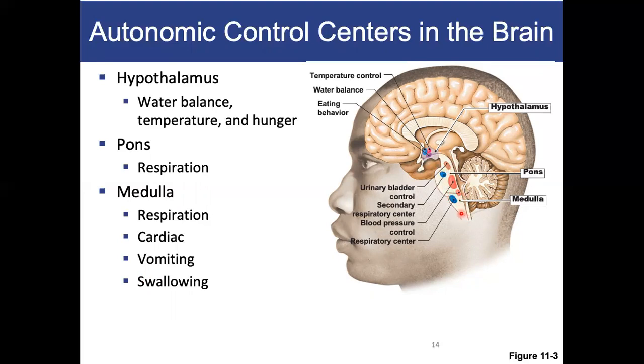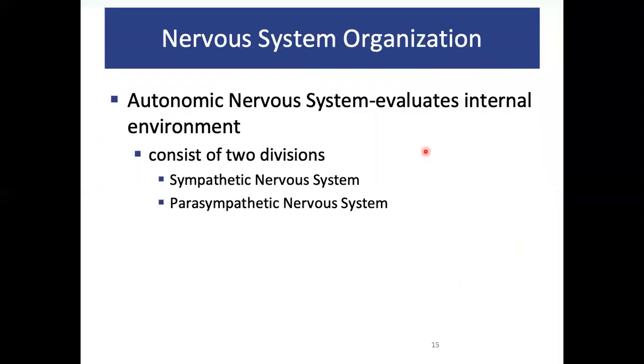The medulla is responsible for respirations, so breathing rate, blood pressure, heart rate, and force of contraction for the heart. Your hypothalamus is responsible for temperature regulation, water balance, but more so think of osmolarity of blood, and eating behavior. And your pons oversees respiration and urinary control.